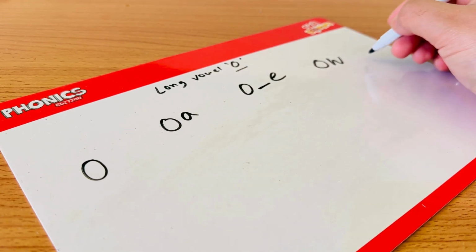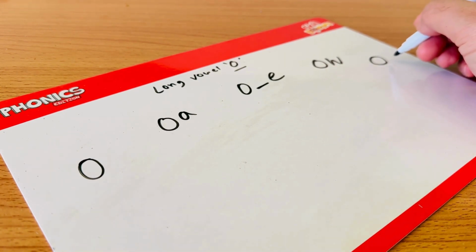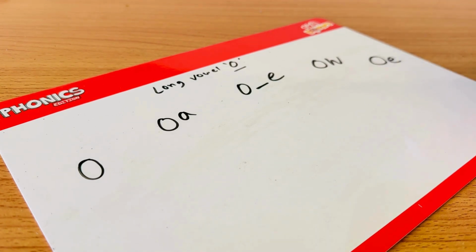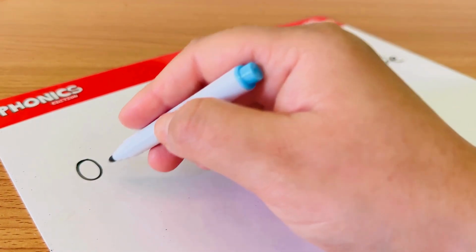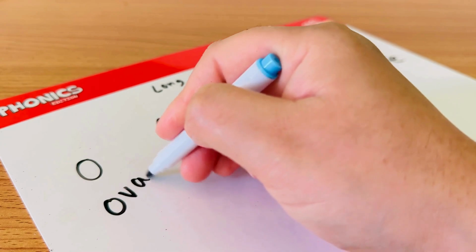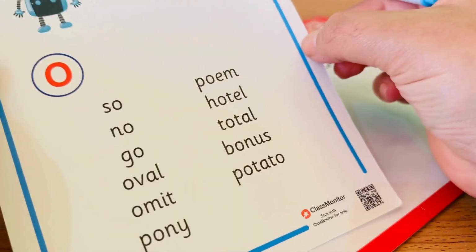It can be O followed by E. So the sound of all these, wherever O, OA, O-E, OW is coming, will remain the same: O, the long vowel sound. These are also known as diphthongs. For example, over.